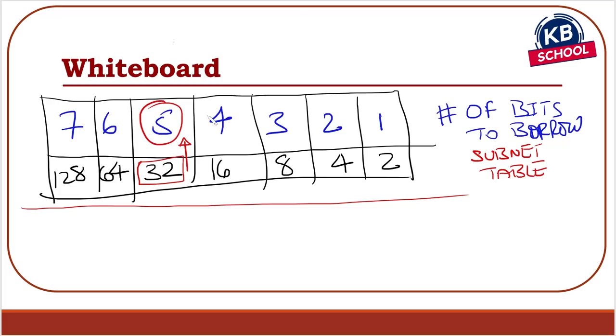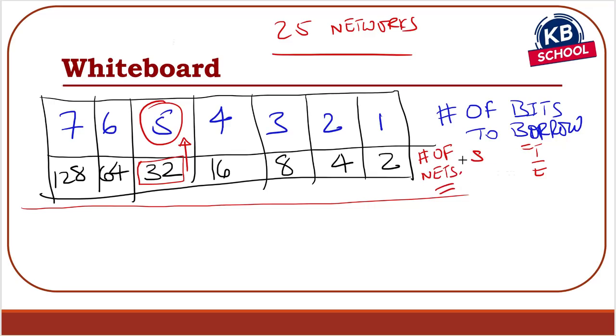So 5 bits to get me my 25 networks. So that's how you figure out how many bits to borrow, by looking at this table. 1, 2, 3, 4, 5, 6, 7 on the bottom one, 2, 4, 8, 16, 32, 64, 128. This is the number of bits to borrow. This is the number of networks. All right, this table is known as my subnet table. I'll show you that later on in my examples as well.